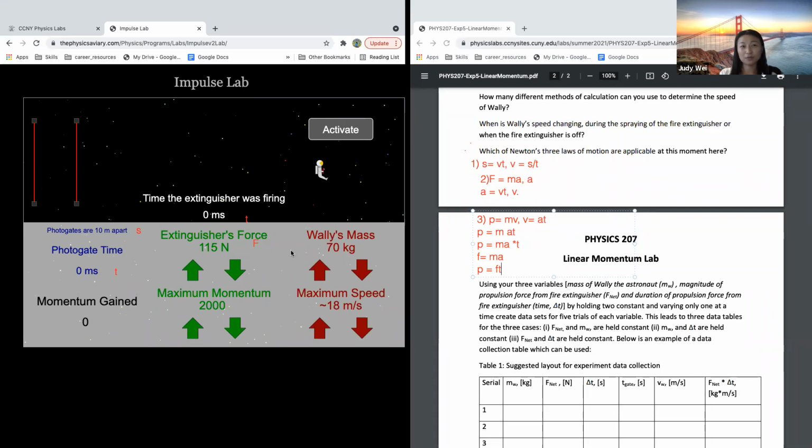When we study one variable, we keep the other 2 constant. So the first one is we keep F and mass constant, the extinguisher's force and the mass, and we change the time for which the extinguisher fires, right?